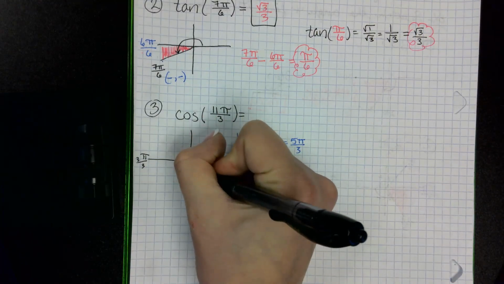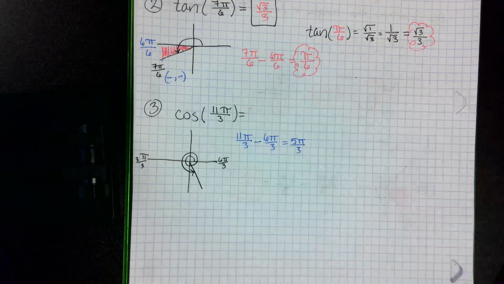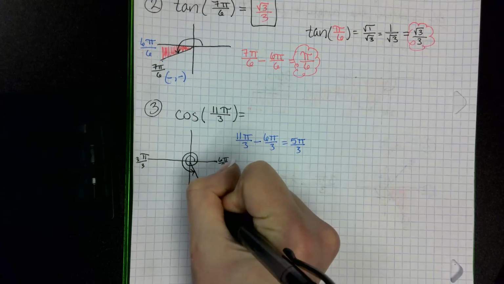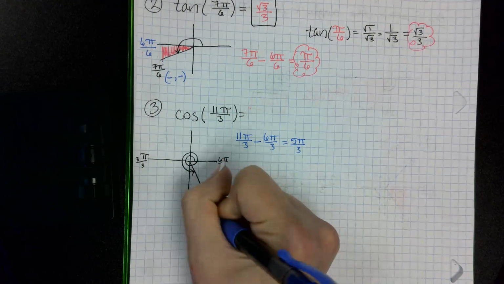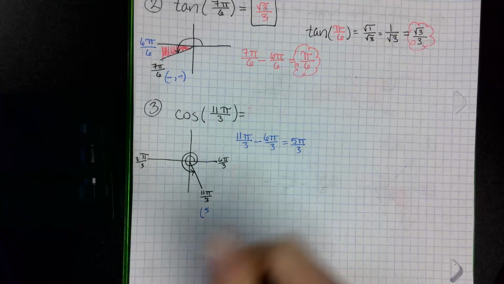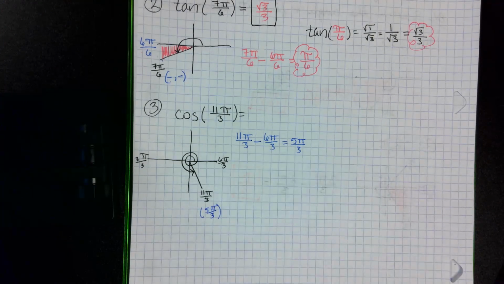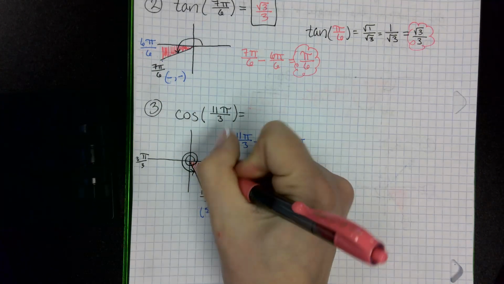So we're going to come all the way over here to quadrant 4 again, and that is 11 pi over 3. But I also want to write my 5 pi over 3 over here, because it's one time around plus 5 pi over 3. To get the reference angle, I still want that acute angle the terminal side makes with the x-axis.